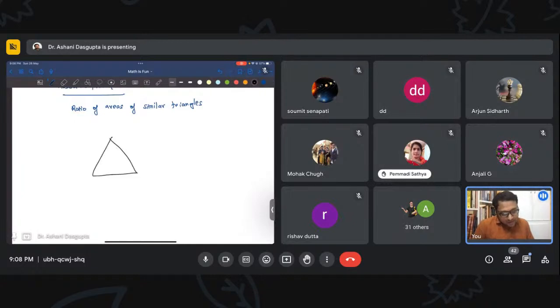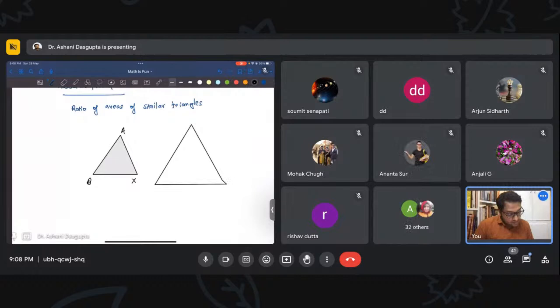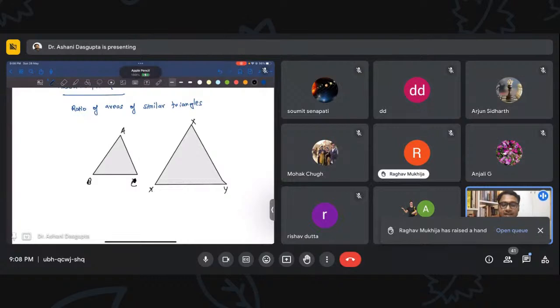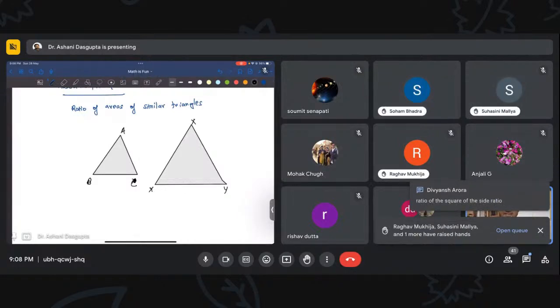Suppose we have a triangle ABC and a triangle which is similar to ABC. Let's call it XYZ. Can anyone tell me what is the meaning of similar triangles?